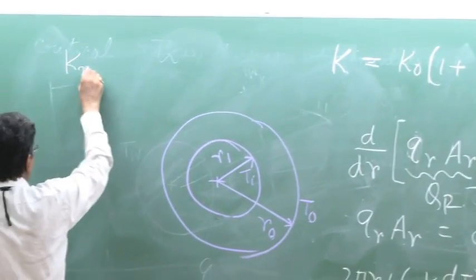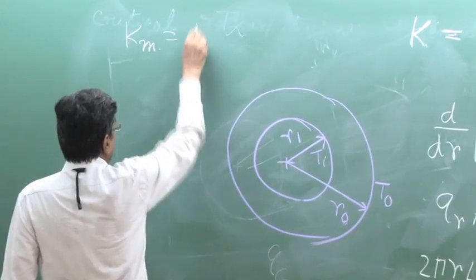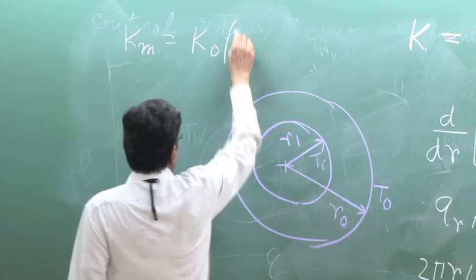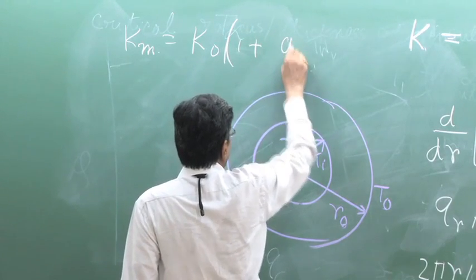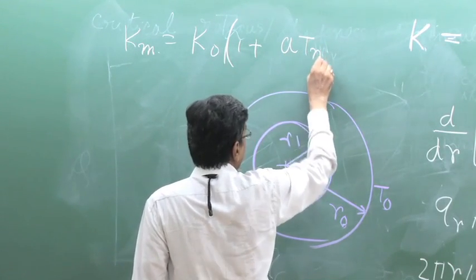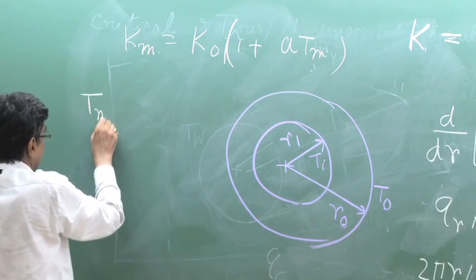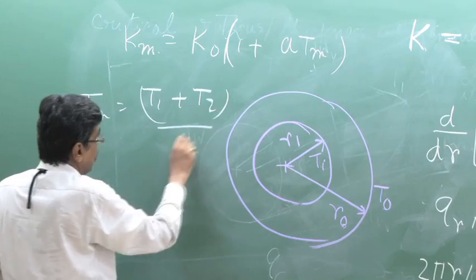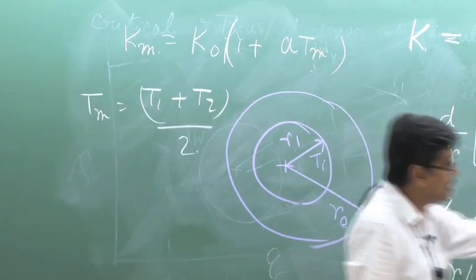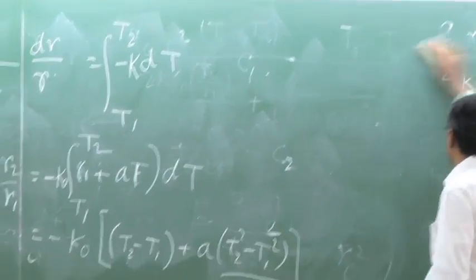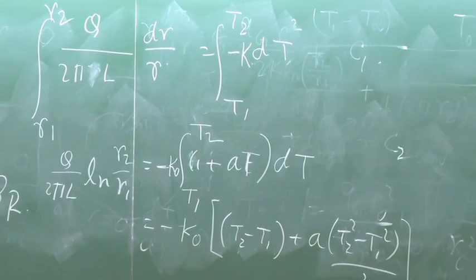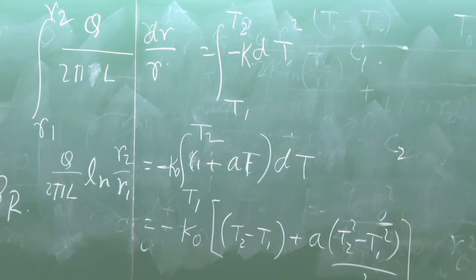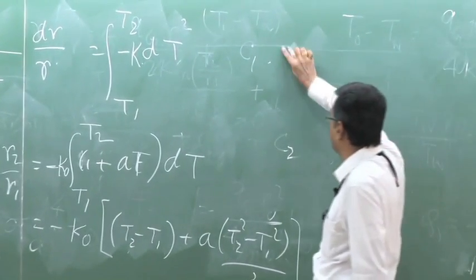Km is equal to K0 (1 plus A Tm), where Tm is equal to (T1 plus T2) by 2. Why am I doing that? Because the right hand side can be written extremely simply as minus Km into (T2 minus T1), that is Km into (T1 minus T2).